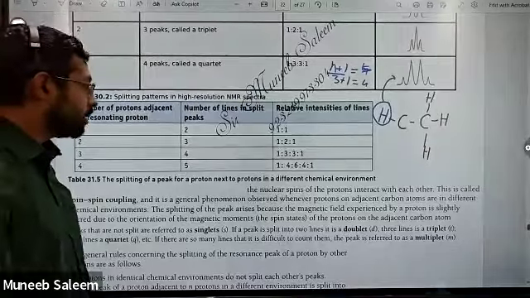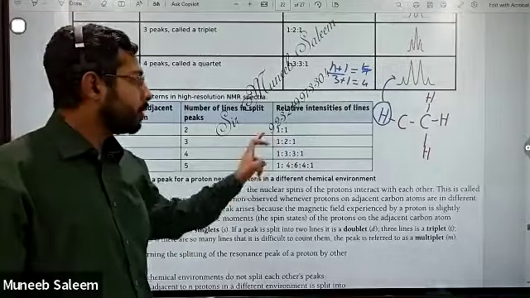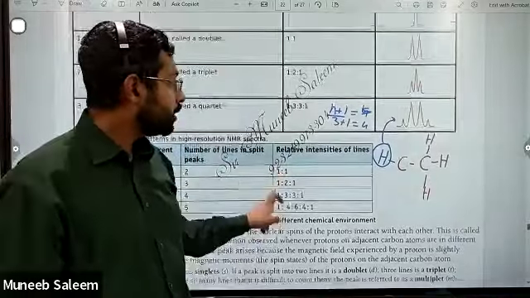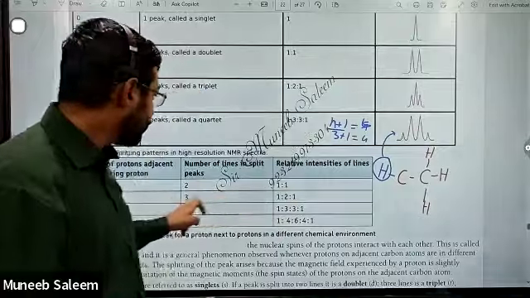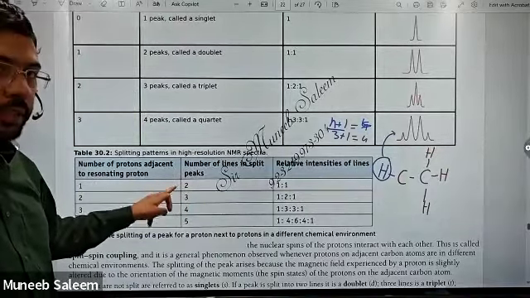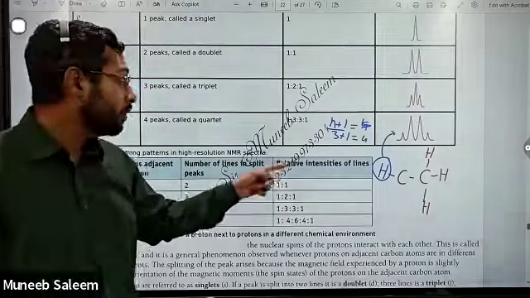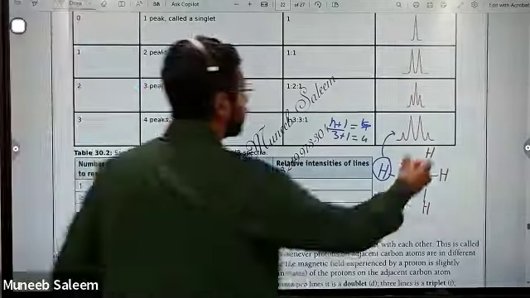Now we will also study them in detail by taking some examples. And these are the ratios. These ratios are basically the ratios of the intensities. For example, if there are two peaks or there is a doublet, then the ratio will be the same, so 1:1 must be shown here.